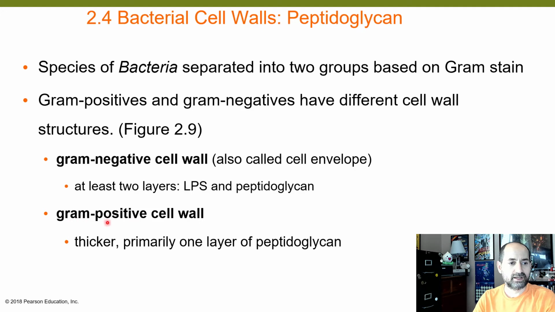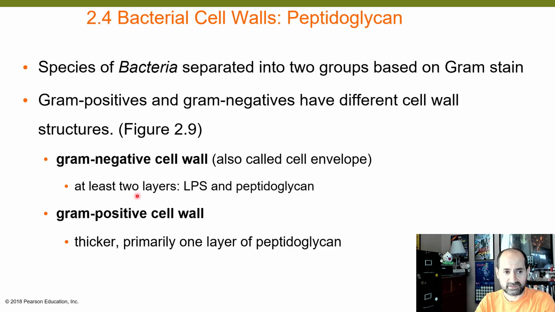And then there are gram-positive cell wall architecture bacterial cells that stain positive, stain purple, in the gram stain procedure. And it all has to do with the architecture of the cell wall. Gram-negative bacterium have two membrane layers, two cell membranes. And then they also have LPS, lipopolysaccharide, and peptidoglycan as well.